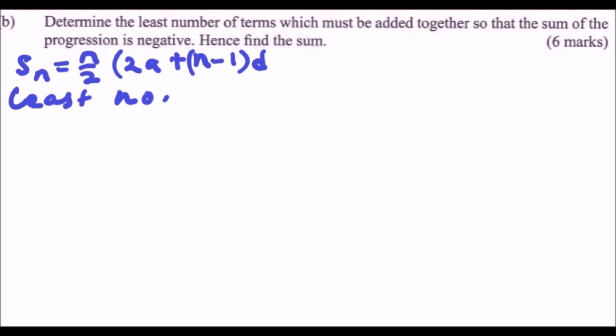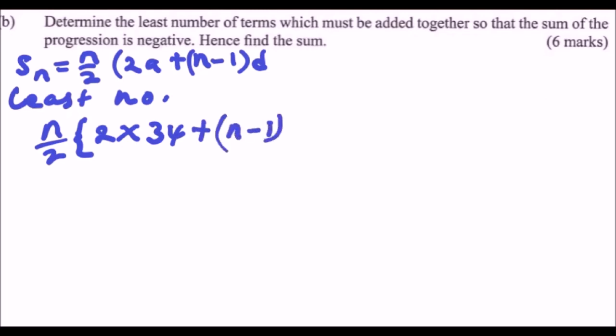So we say n over 2, that bracket, 2 multiplied by 34, which is our first term, plus n minus 1, we close the bracket, multiply by minus 4, must be less than 0. So that is where we get the number.